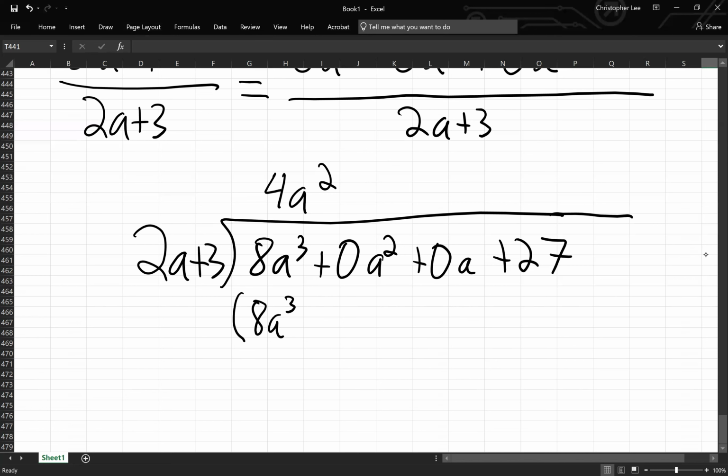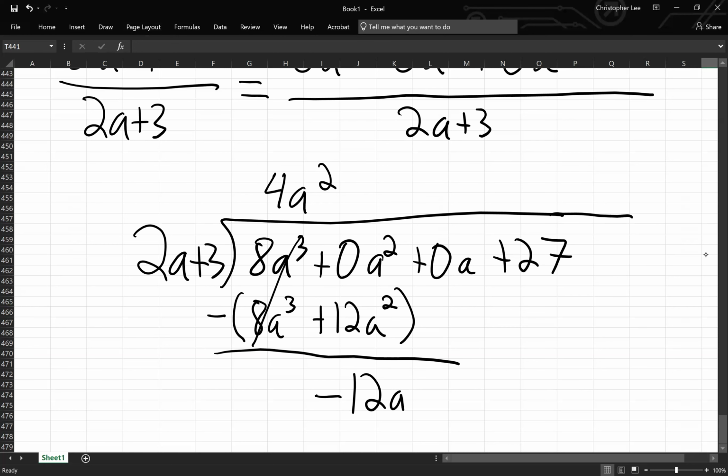Now 4a squared times 3 is plus 12a squared. Perfect. Now I'm going to subtract these. 8a cubed minus 8a cubed cancels out. 0a squared minus 12a squared is negative 12a squared.